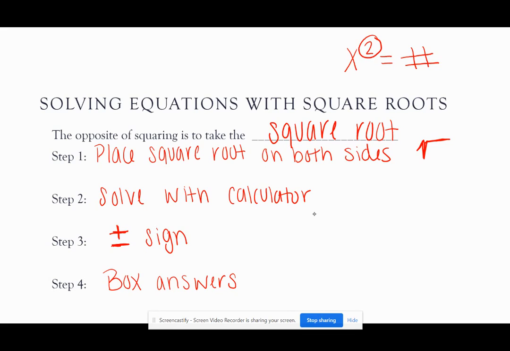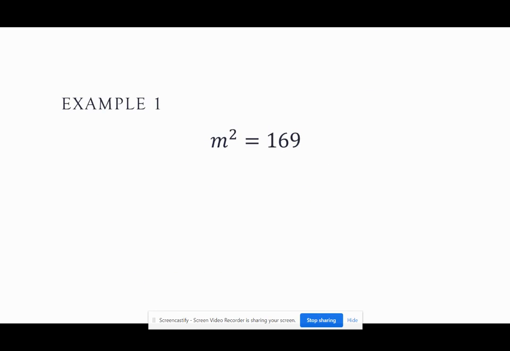So here we go, example 1. We have m squared equals 169. Our first step is to place the radical over both sides. I know it's a square root because it's the square symbol right here. There's a 2. So I place the radical on the left and I place the radical on the right. That's step 1. Then when I square root a square, the m gets released.